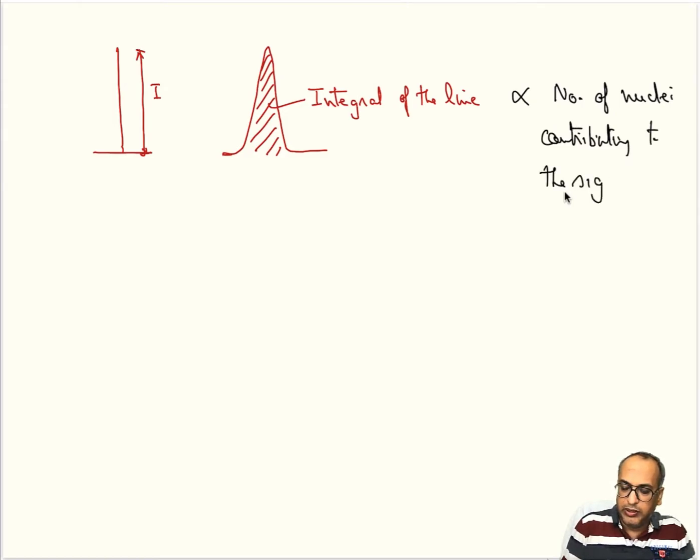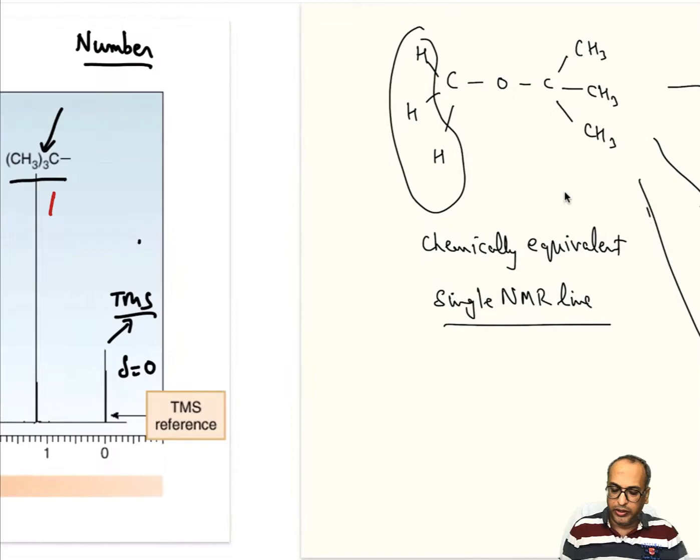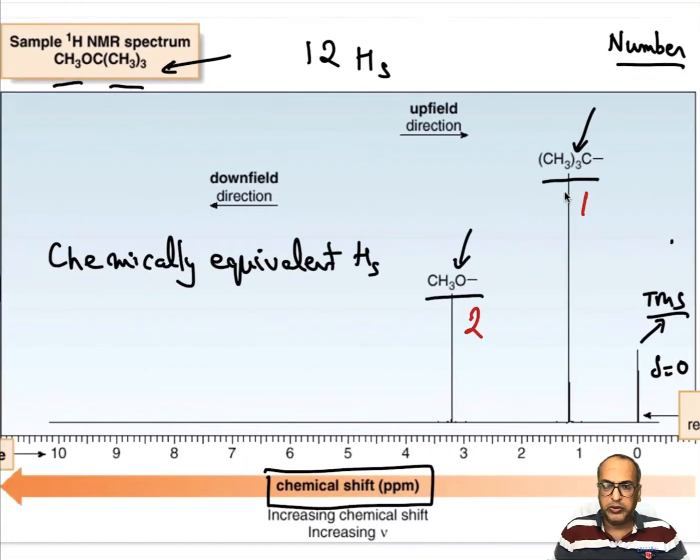So for example, the number of nuclei contributing to signal number 2 is 3, and the number of nuclei contributing to signal number 1 is 9. So that is the reason the intensity ratio or the integral ratio of these two signals is 1:3.